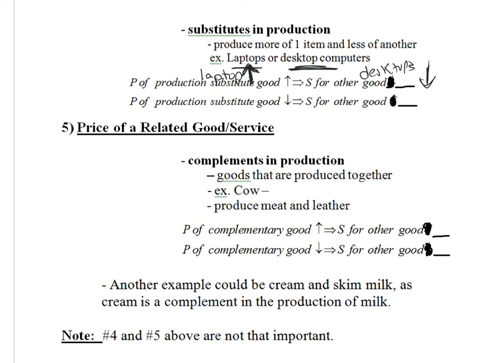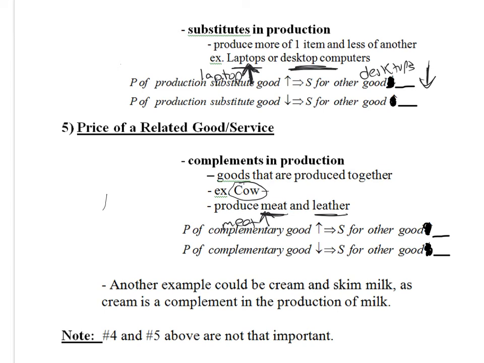So for example, a cow: when you use the cow for producing meat, you kill the cow. When that happens, you have more meat, but don't you also have more leather? So suppose in this case the price of meat increases. Of course you want to supply more cows.